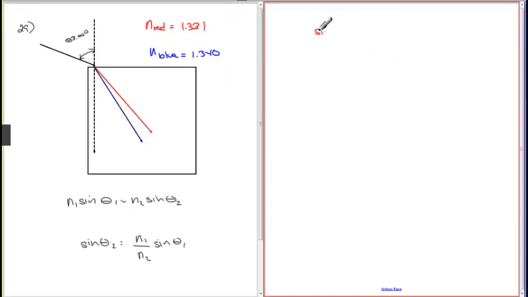So let's do the red color first. The sine of theta 2 red is equal to 1.00 divided by the index of refraction times the sine of theta 1, which is 83 degrees. So the sine of the second angle is just going to be the sine of the first angle divided by the index.